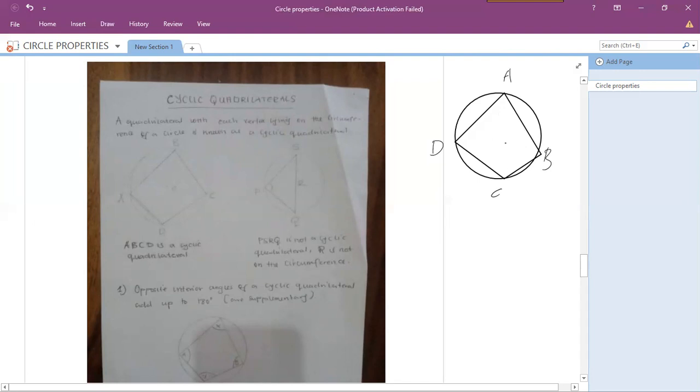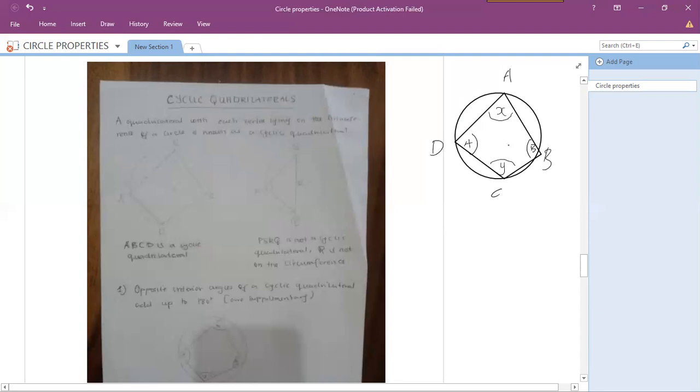And any cyclic quadrilateral has got interior angles. So let's say this is an interior angle X, and this is an interior angle Y, and this is an interior angle A, and this is an interior angle B. Opposite interior angles in a cyclic quadrilateral are supplementary. It means that supplementary angles are any two angles that add up to 180 degrees.